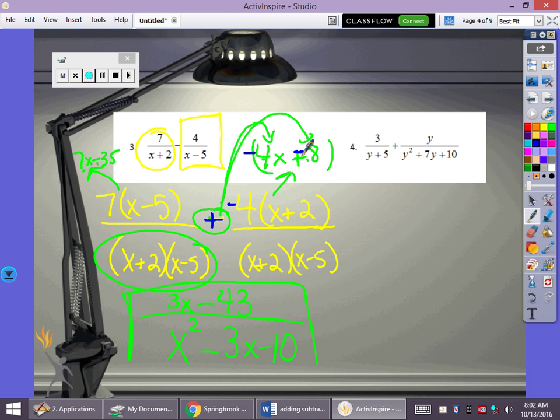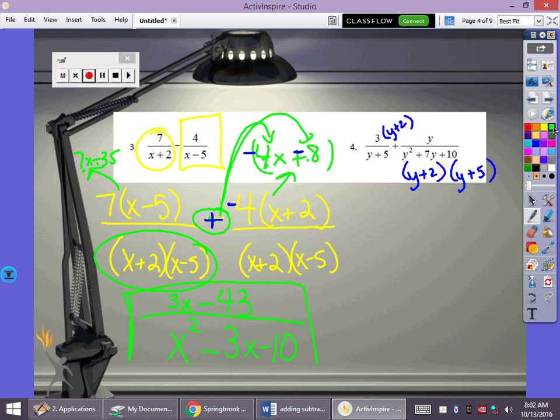All right. This one, I'm going to start by factoring the denominator. I get y plus 2, y plus 5. Okay? So, this is going to be my common denominator, right? And this guy is missing something. What is he missing? He's missing the y plus 2.